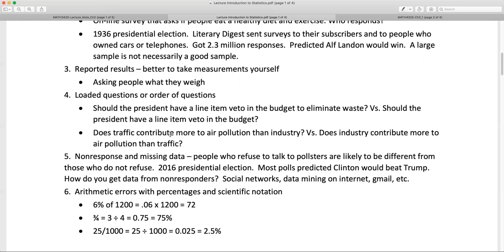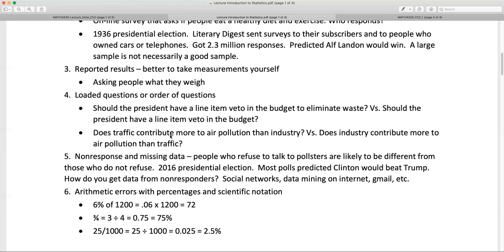This is also one example of a loaded question, but it's more related to the order of questions. Sometimes survey questions are unintentionally loaded by such factors as the order of the items being considered. So look at the two questions.